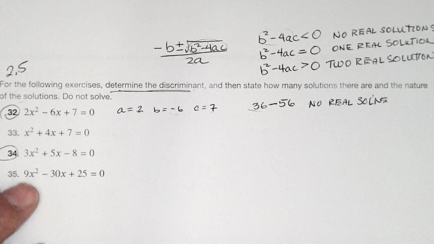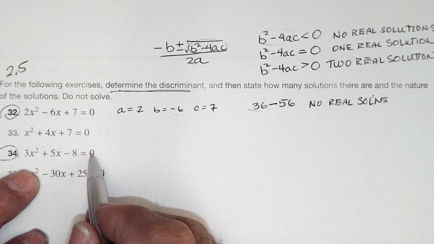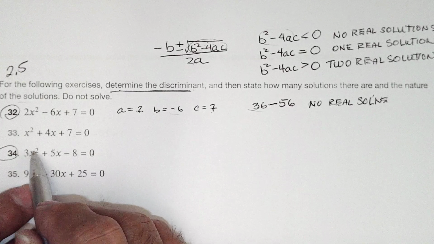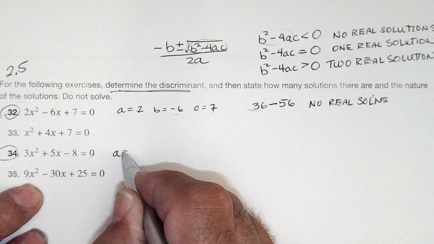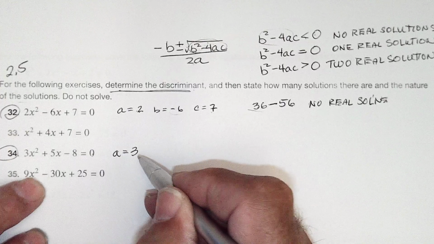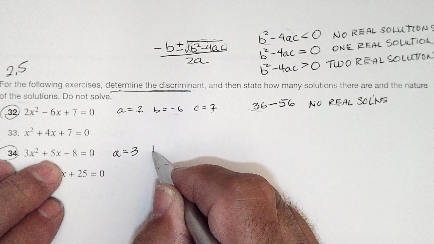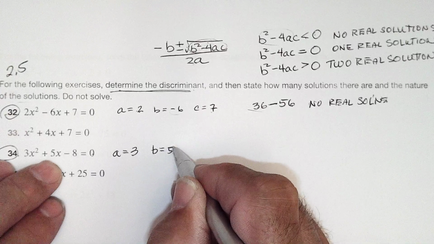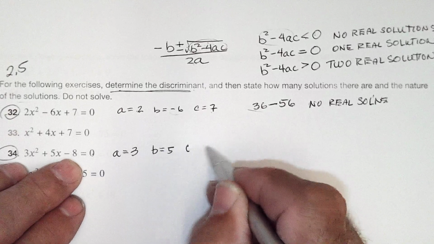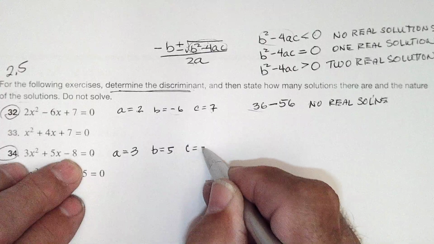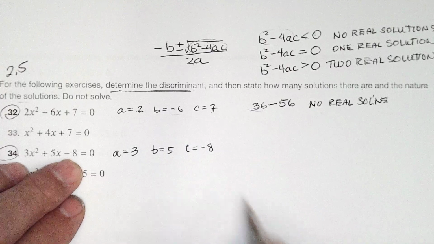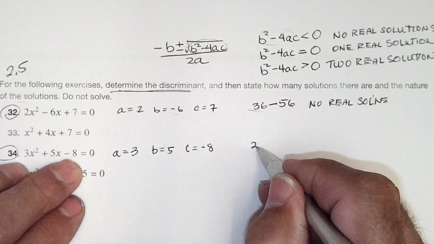On 34, remember, it has to be equal to 0, and a is how many x squared, so a would be 3. b is how many x's, so b would be 5. And c is the constant, which is negative 8. So b squared would be 25.